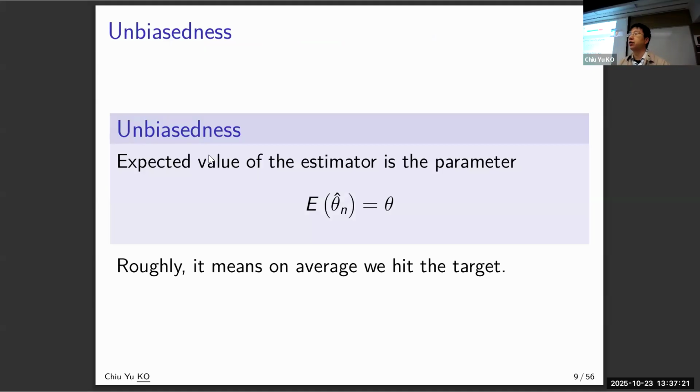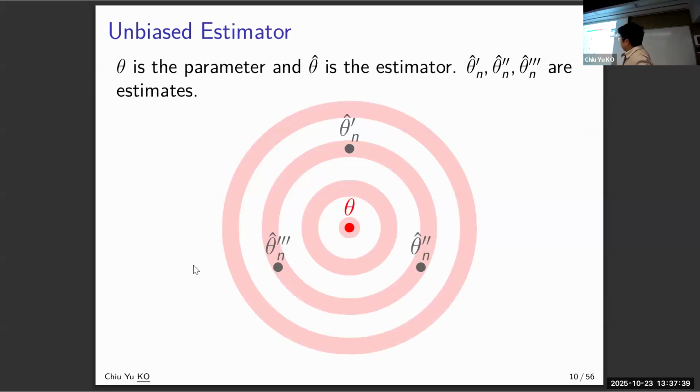So in principle, if you repeat what you're doing, in the long run, you discover the truth. And do note that you only do it once, or at most twice. But in principle, what you get is what we want on average. Just remember the analogy I'm going to draw again is like me and a football star, right? All of us are unbiased, because on average, we hit the target.